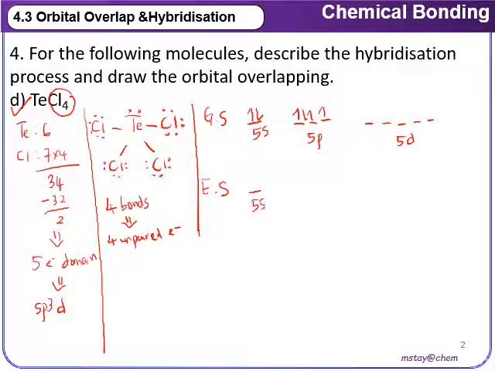So the electrons from the 5s do not have any changes, but one of the electrons from 5p is going to be excited to 5d. With one electron excited to 5d, we get 4 unpaired electrons.